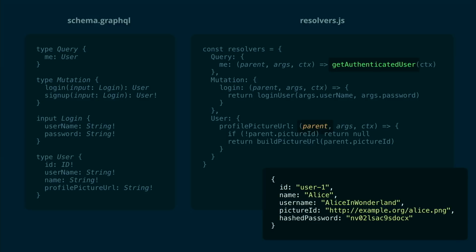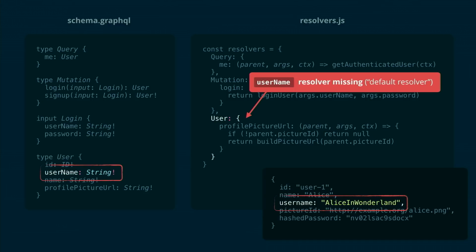So if we look back into the query implementation where we return a user, and the user is now passed into the user resolvers, here we're assuming for ID, username, and name that there is a default resolver. That is the case for ID and name, but it's not the case for username here, because the username in our schema is camel case, and our data, for whatever reason, is all lowercase.